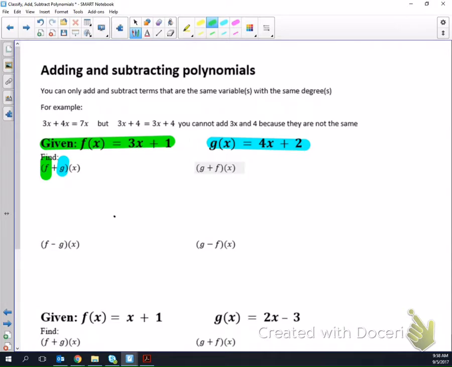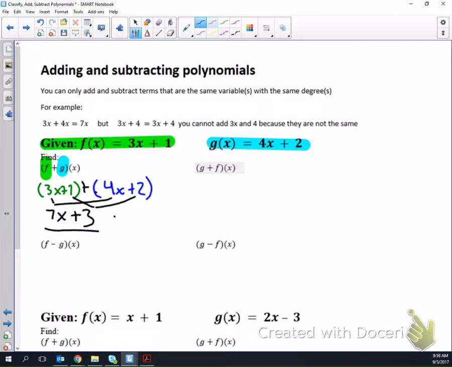I've got my f, which was 3x plus 1, and then it says to add g. So, plus g is 4x plus 2. Now I can combine my like terms. I've got a 3x and a 4x that will combine into 7x, 1 and 2, which would combine into a positive 3. So 7x plus 3.